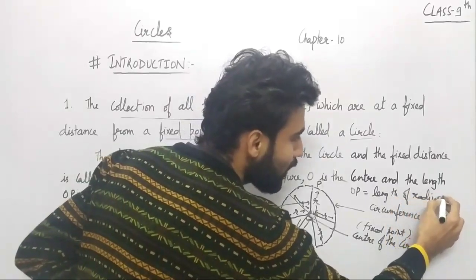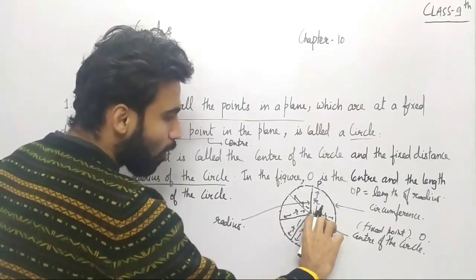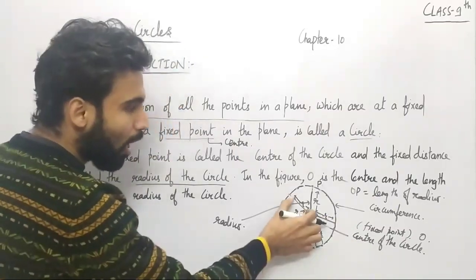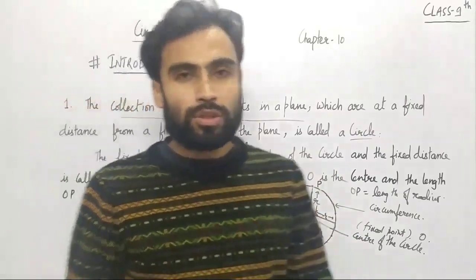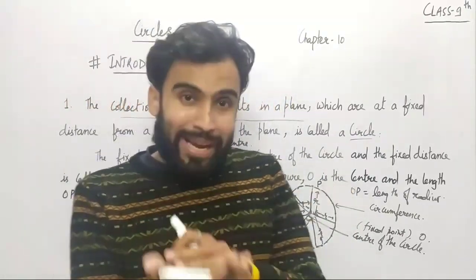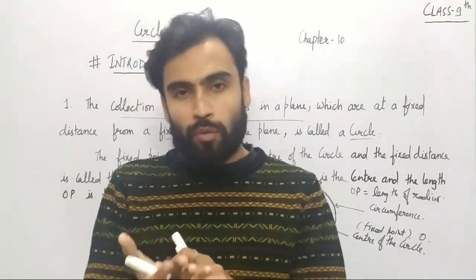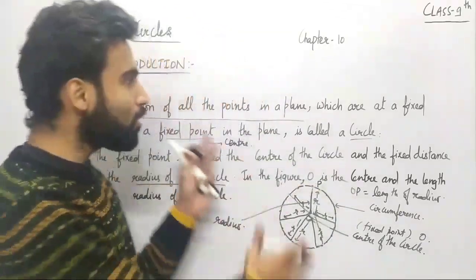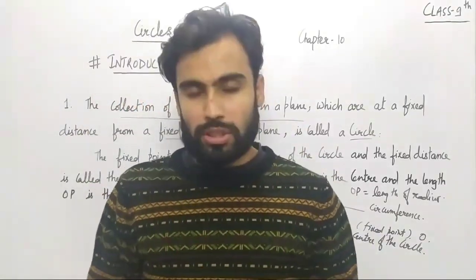So this is the radius of the circle, right? So all these lengths are of same length. That means all are the radius of this circle, right? So this was all about the base thing which you need to understand here before moving on further, right? So that was the basic thing that I needed to share with you on circles.